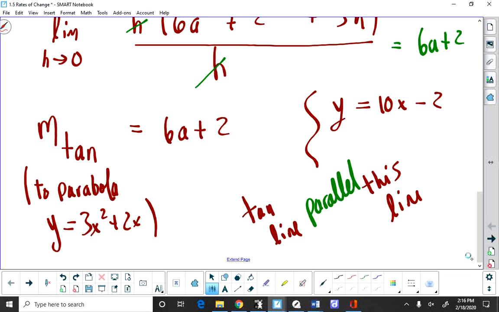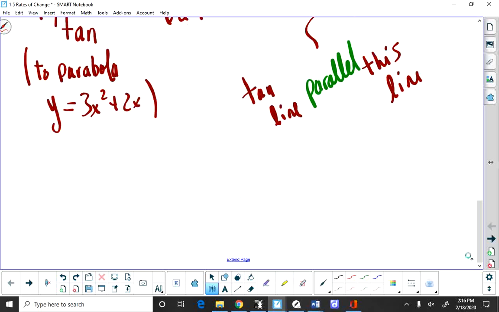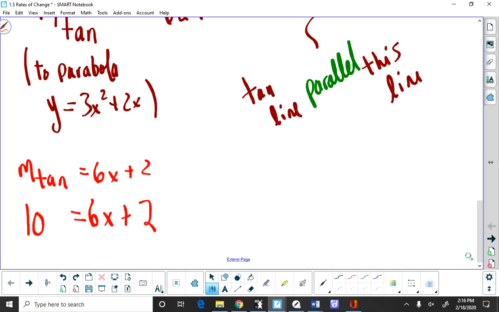So far in this course, m of tangent equals 6x plus 2, and we have always been used to putting in a value of x to find the slope of the tangent. This question tells you the slope of the tangent and asks you to find where the slope of the tangent would equal 10.